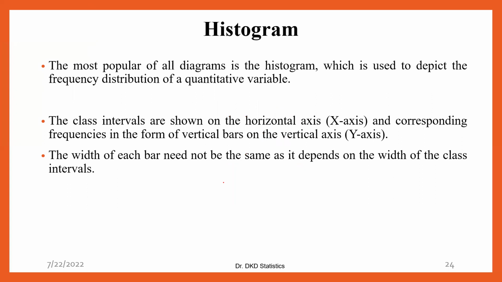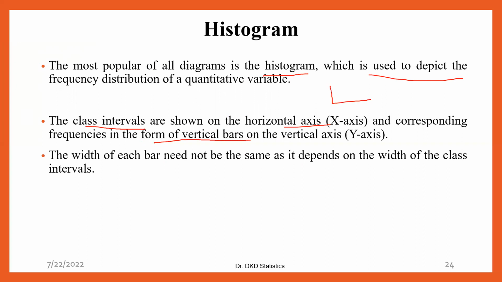The most popular of all diagrams is the histogram, which is used to depict the frequency distribution of a quantitative variable. The class intervals are shown on the horizontal axis and the corresponding frequency in the form of a vertical bar diagram.